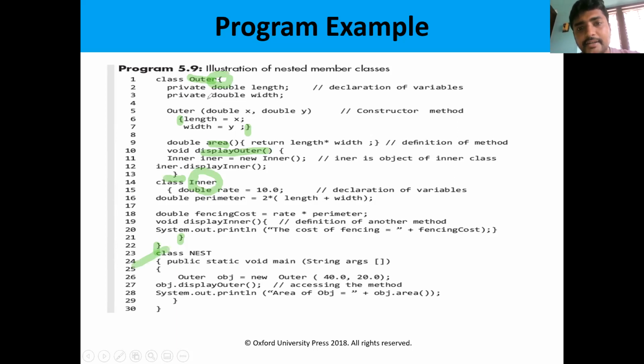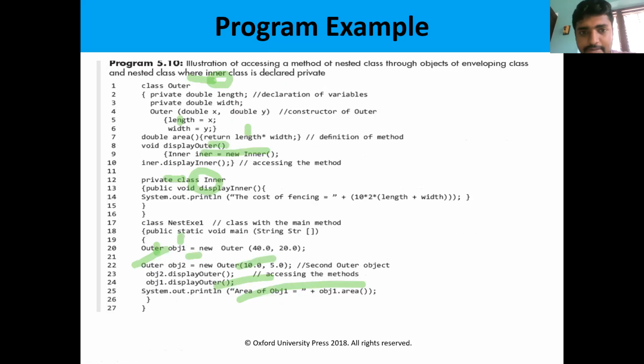Within the class, we have another class. And then we have the main class, main method, creating the object and performing some actions. This is the example of an inner class, the class within the class. We can have nested for loops, nested while loops, nested switch case like that. We have nested classes.